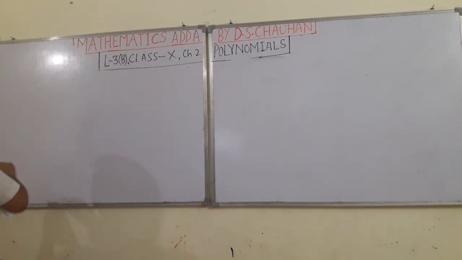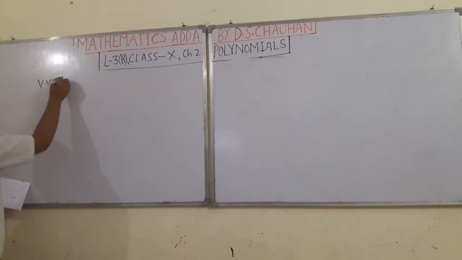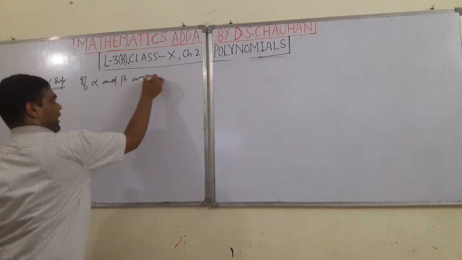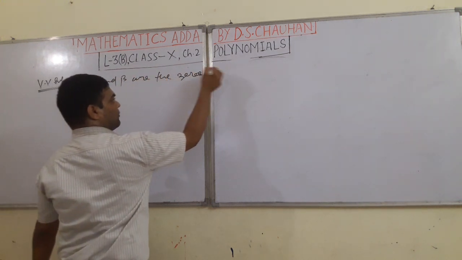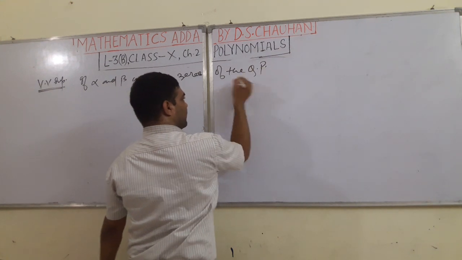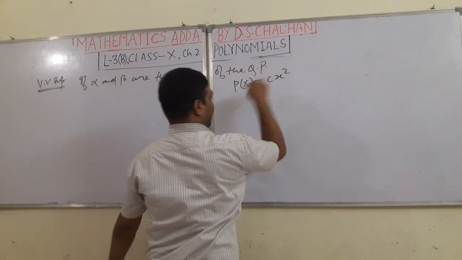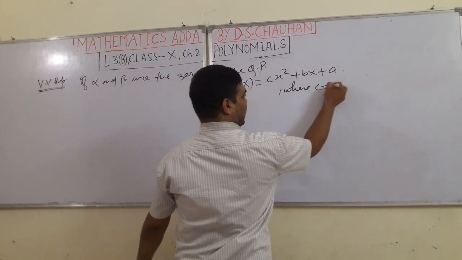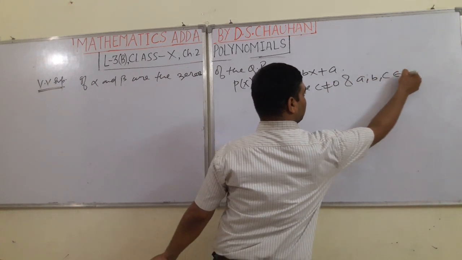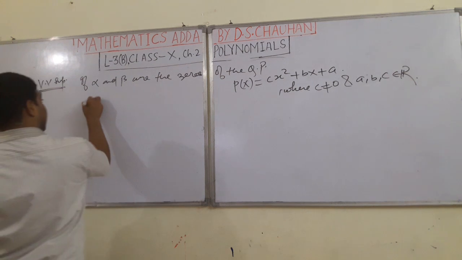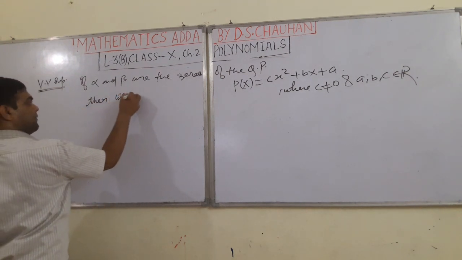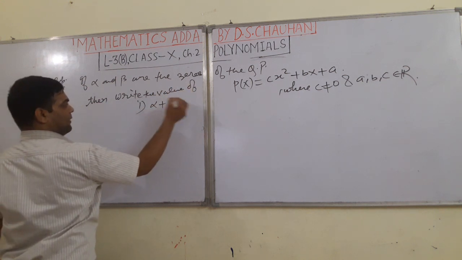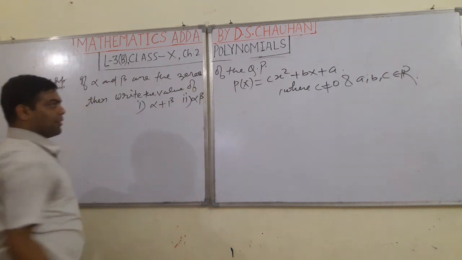The question is, students, here very important, very important question. If alpha and beta are the zeros of the quadratic polynomial p(x) equal to cx square plus bx plus a, where c is not equal to 0 and a, b, c belong to the field of real numbers, then write the value of number 1, alpha plus beta, number 2, alpha beta.